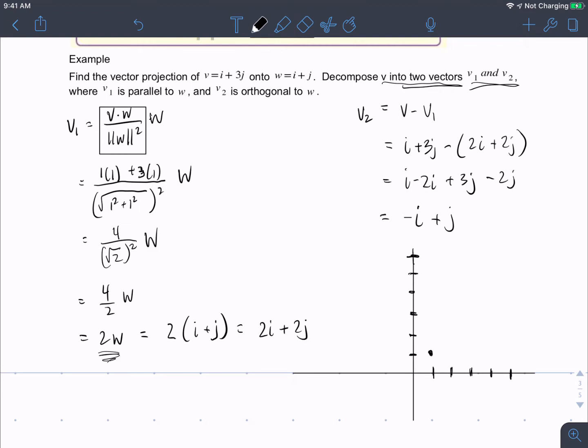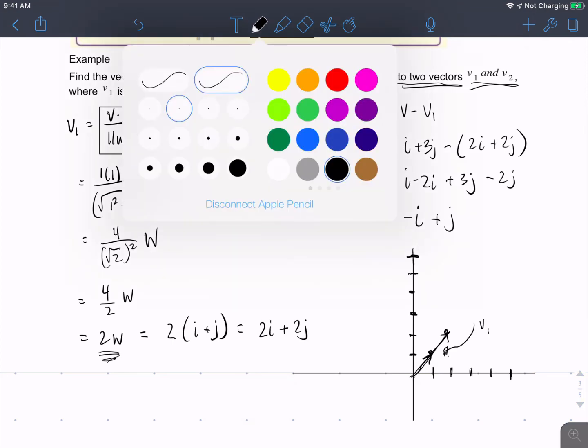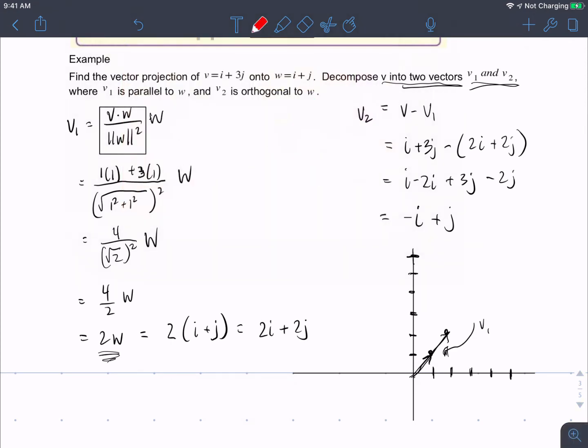If I go double that, this little short guy is w, and this longer one is my v1, so this whole thing here is v1. This one in red is my w.